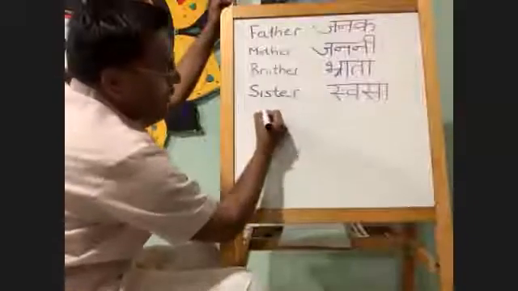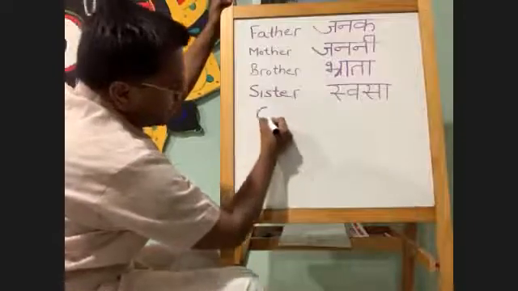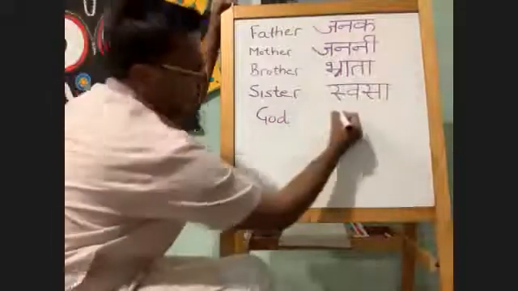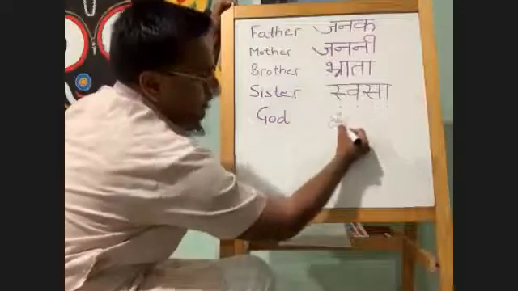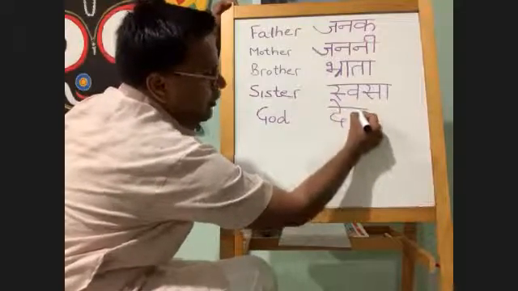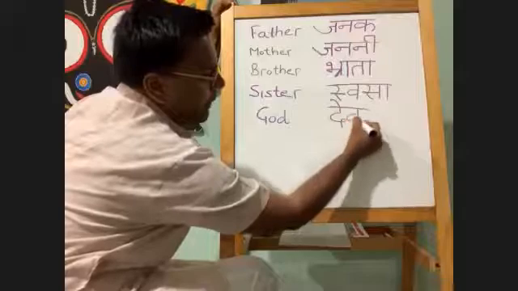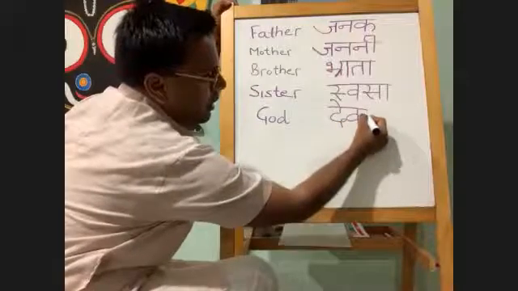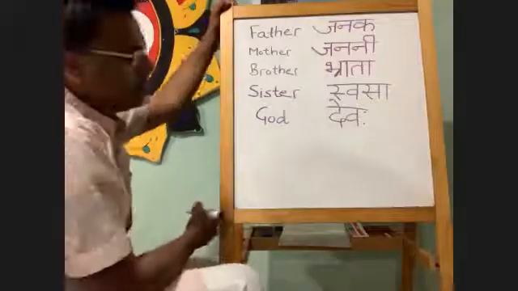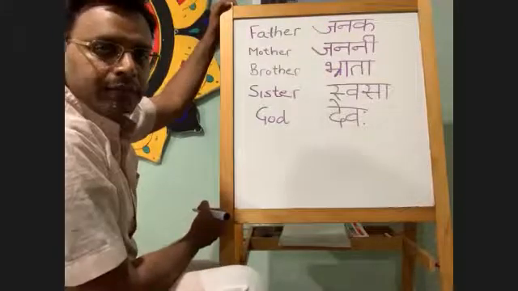Now God, or what we call demigods. Okay, so that is Deva. Deva. So the A matra, va, Deva. Okay, so that is to address God or demigods basically.